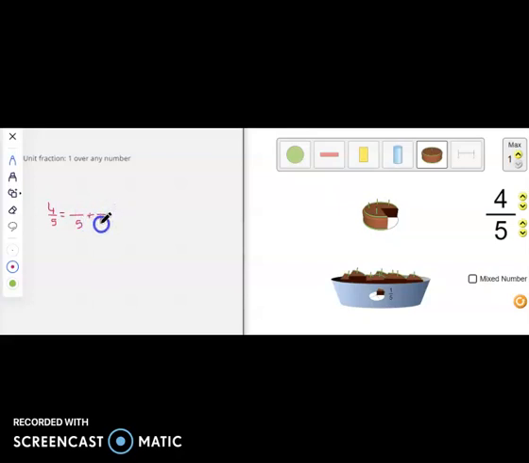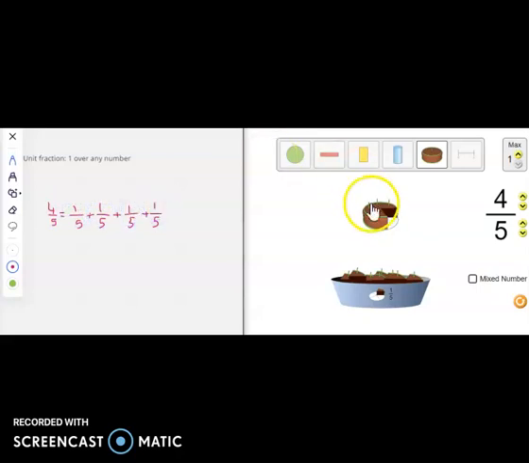Okay, how many denominators are there? 4, yes, because it's 4 unit fractions. 4 unit fractions means 1 over 5 plus 1 over 5 plus 1 over 5 plus 1 over 5.